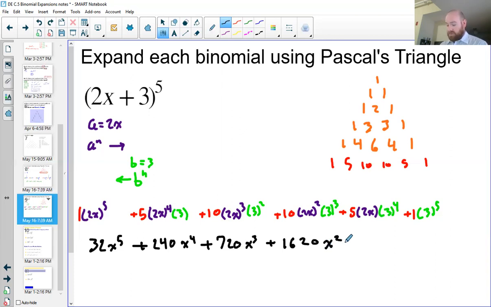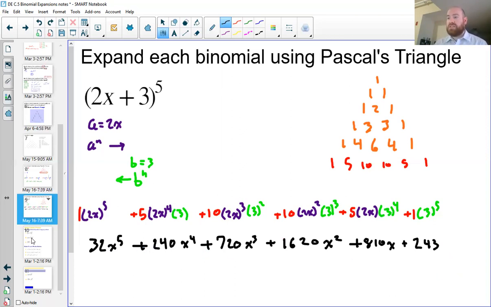Then 5 times 2 times 3 to the 4th power is 810. So plus 810 times x plus 3 to the 5th power is 243. So it still took a minute for us to get there, but we were able to get there far faster than if we had used the binomial theorem.